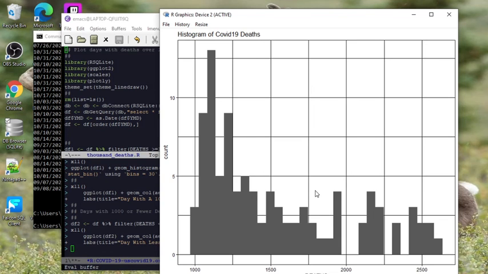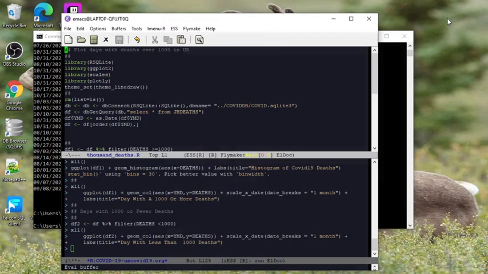I hope you found this interesting. I certainly did. It seems to reinforce my idea that, despite the cases spiking, deaths are actually becoming fewer and fewer. Not only are deaths becoming fewer, the intensity of the deaths is actually decreasing.